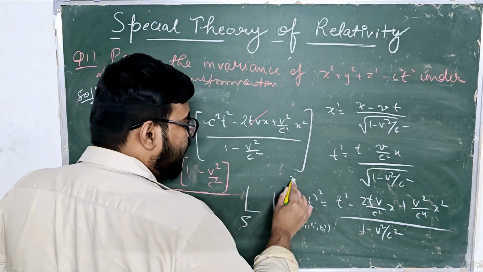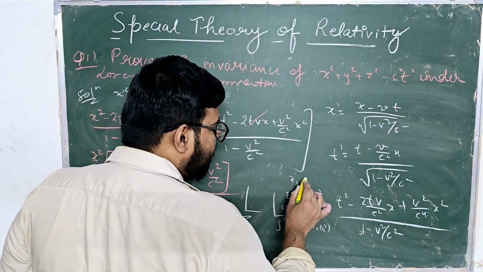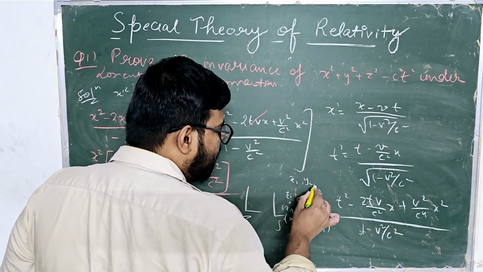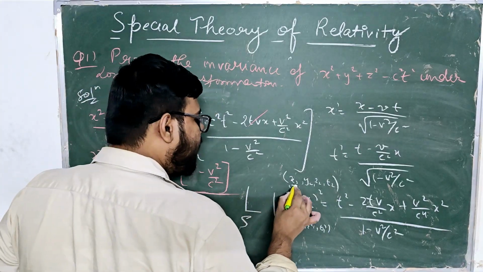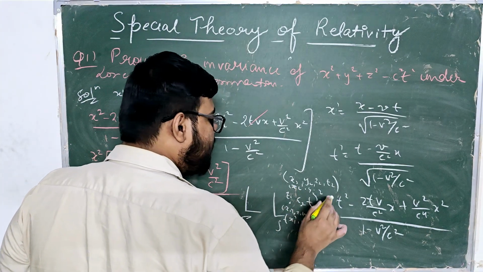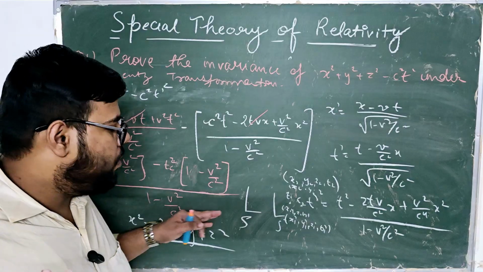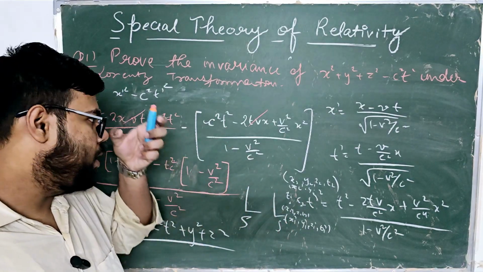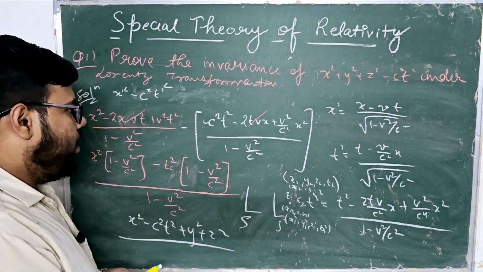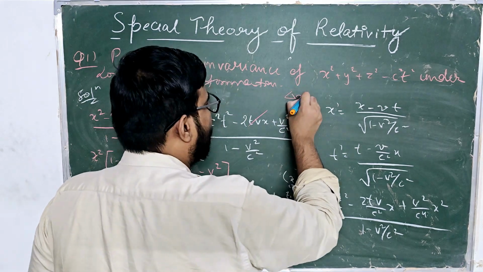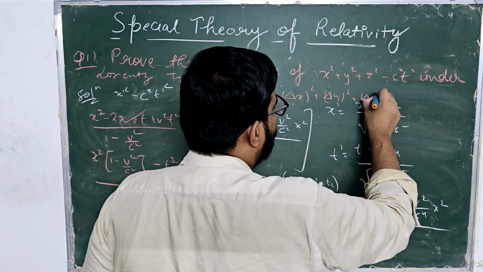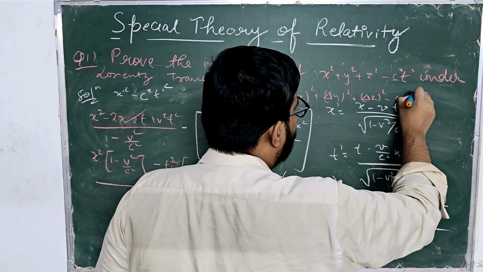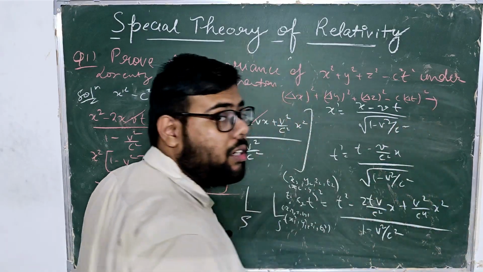Event 2 is x2, y2, z2 and t2 with respect to the S frame, and x2', y2', z2' and t2' with respect to the S' frame. So you can prove it easily that Δx² + Δy² + Δz² - cΔt² is also invariant.